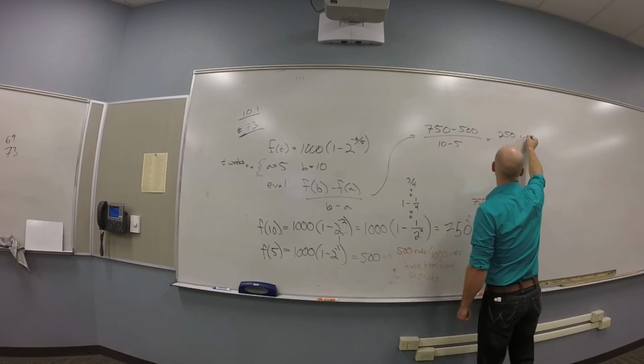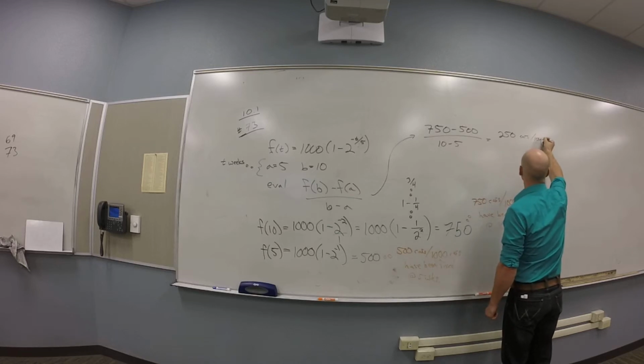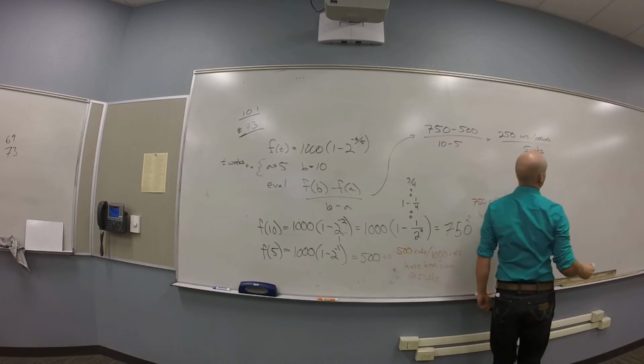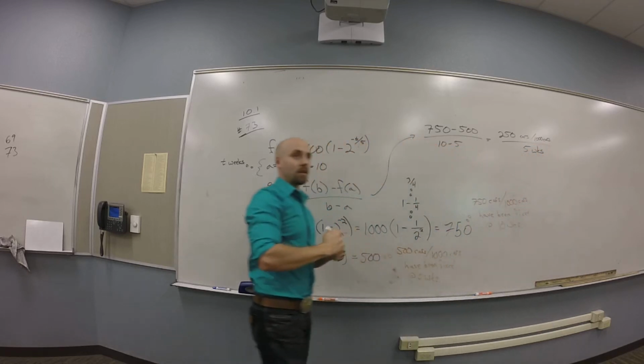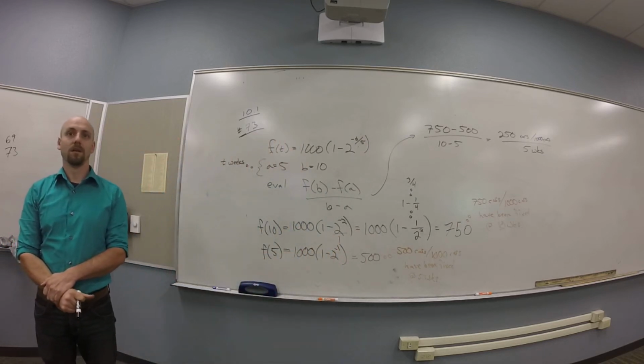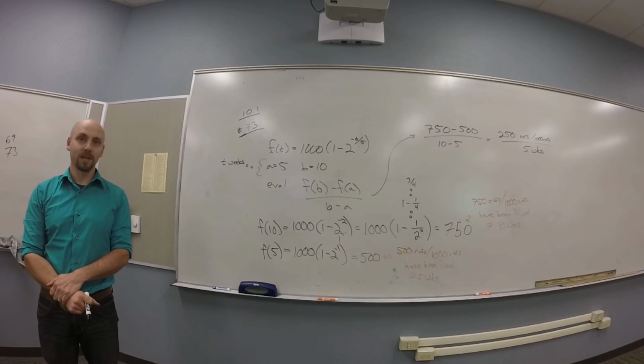That's 250 cars per 1,000 cars divided by 5 weeks. What does that mean? In those 5 weeks, you're going to have 250 cars to repair, right? Or every week, you're going to do 50 of these, between the weeks of 5 and 10.